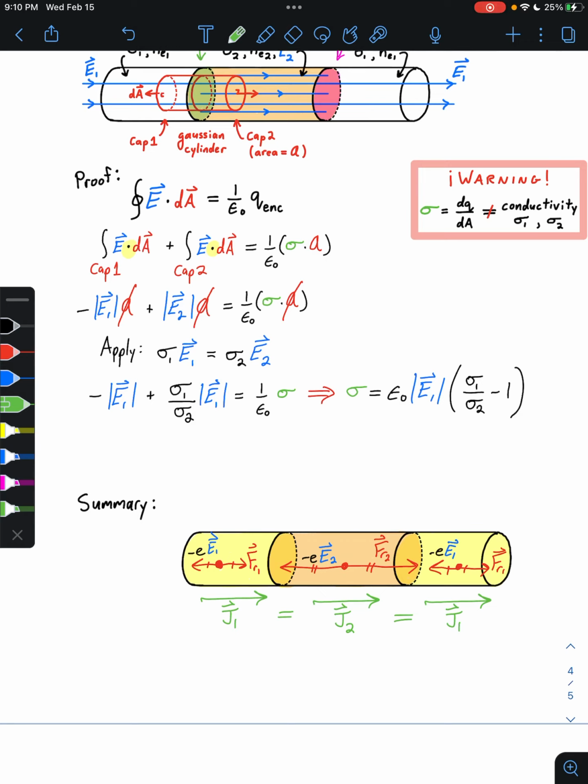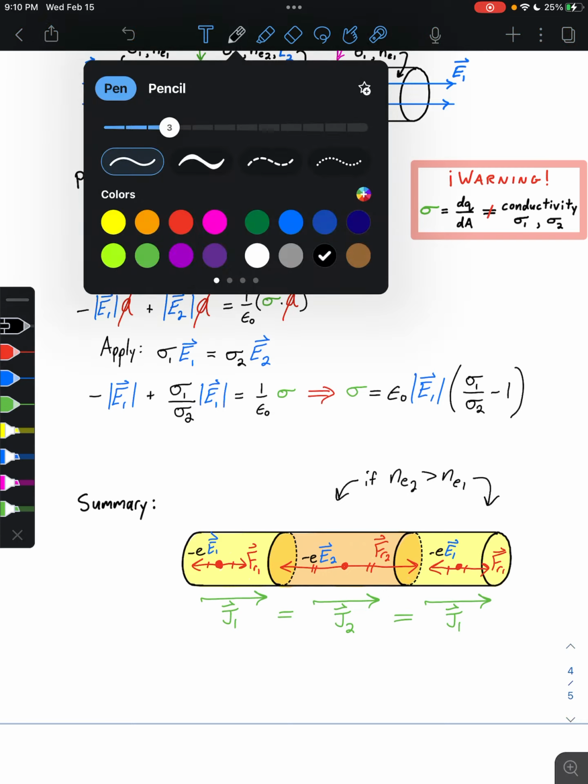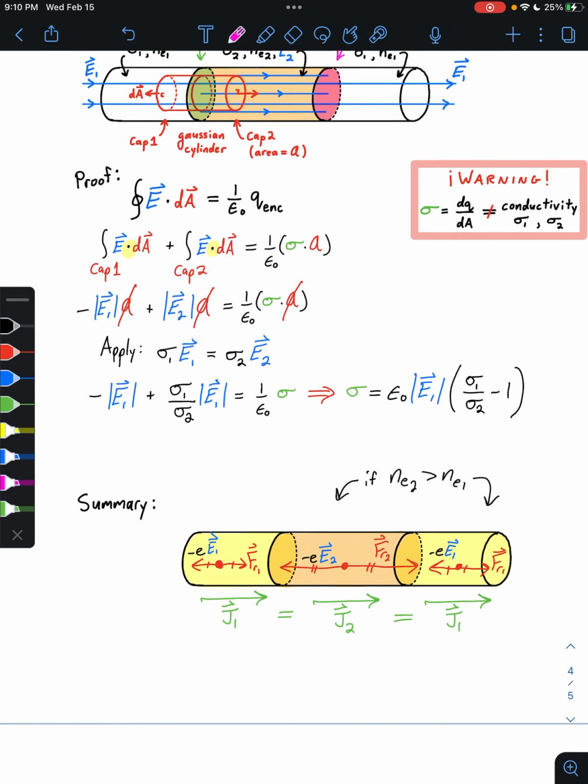And lastly, our drift velocity. The drift velocity issue is a separate issue from the conductivity issue because the number density of free electrons is a separate property from the conductivity of the medium. But if, just for the sake of argument, let's say that the number density of free electrons in region 2 happen to be greater than the number density of free electrons in region 1, then we showed earlier that the drift velocity in region 2 would be correspondingly lower, or our drift speed would be correspondingly lower in region 2 than in region 1.